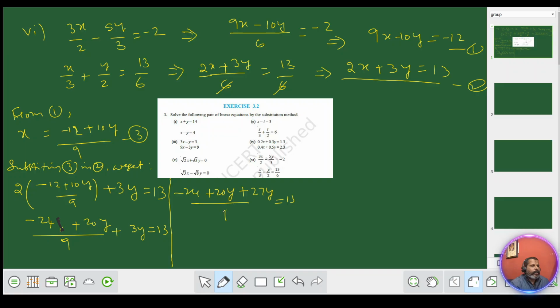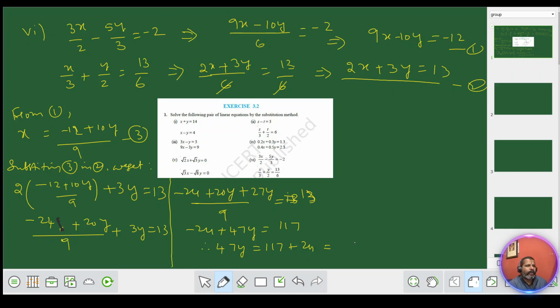Now you solve the numerator and transpose 9 to the right hand side in the same step. This is 13 actually, don't get confused. So minus 24, 20y plus 27y is 47y. 13 nines are 117. Okay. Therefore, 47y equal to 117 plus 24.